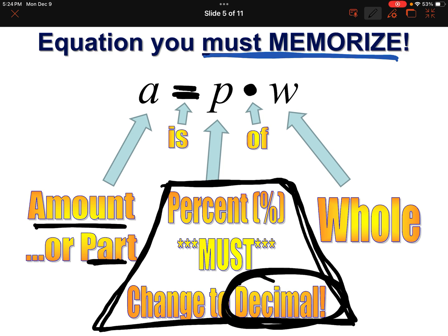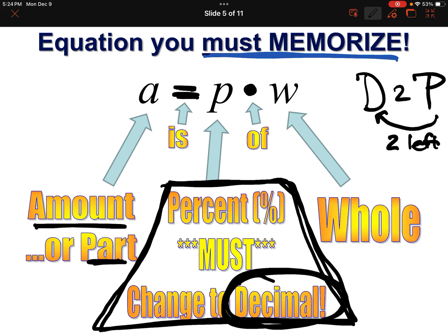So the first thing you've got to do is remember D to P. You're going to be going backwards 2 places, so you got to move to the left. And then your whole number.